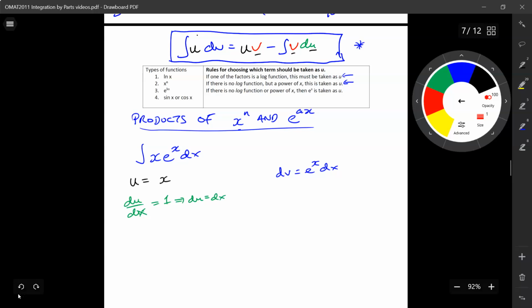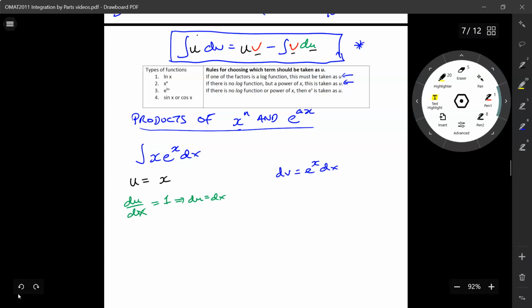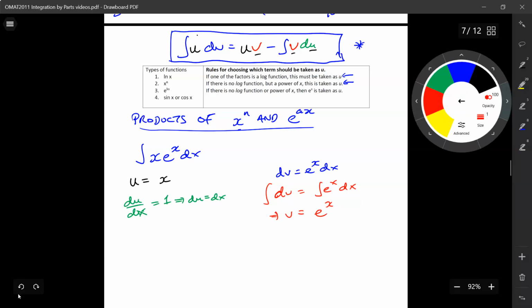Over here, we can integrate both sides of this. So, just use the color code and follow. The integral of dv, equal to the integral of exponential x dx, gives us v is equal to exponential x. So now we have these values that we can plug into our formula.